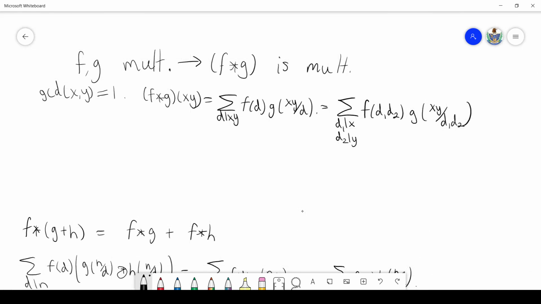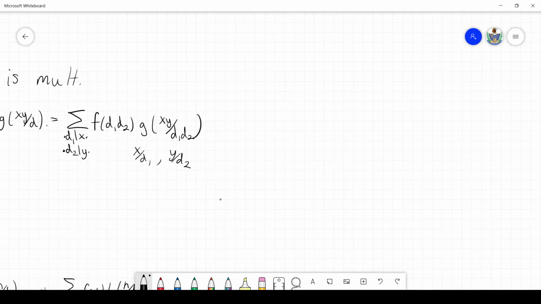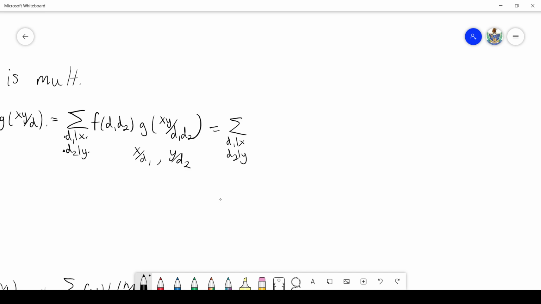And of course, since x and y are coprime, d1 and d2 are going to be coprime, and x over d1 and y over d2 are going to be coprime. So once we write the summation terms, we can split the functions, given that f and g are multiplicative, as we are assuming.